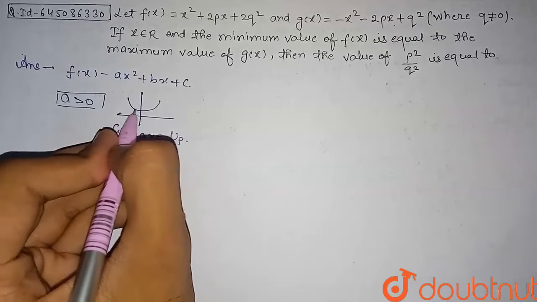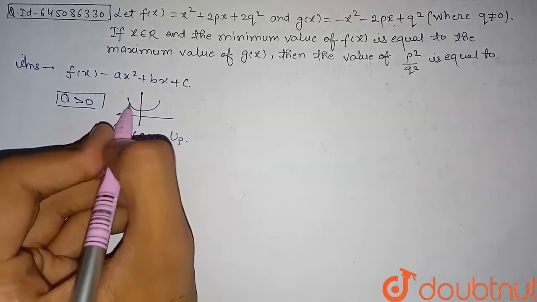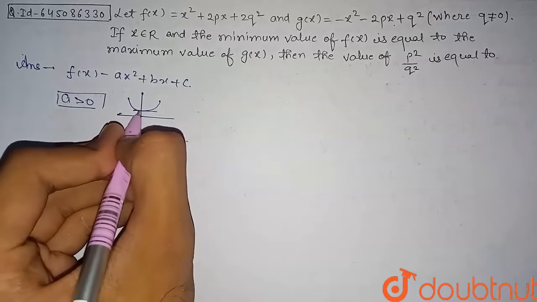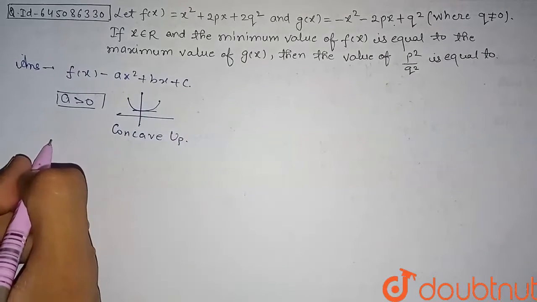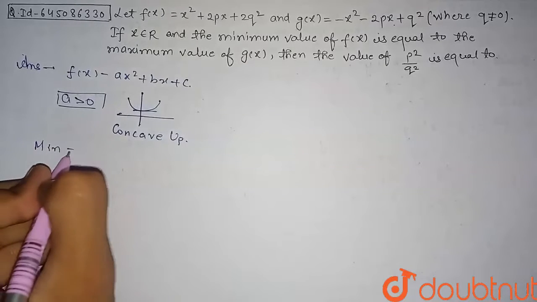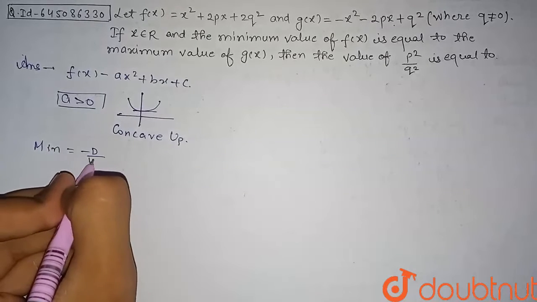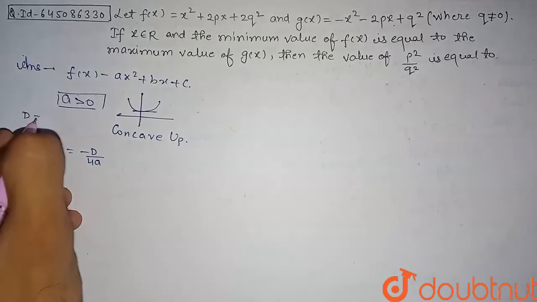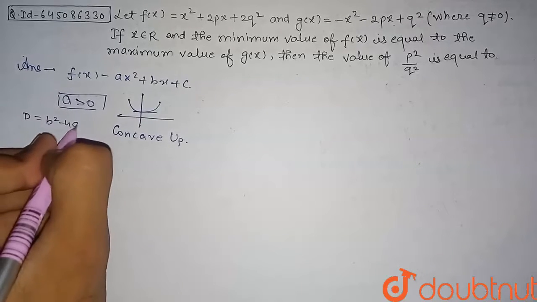So for this type of graph there will be a minimum value and the maximum value will be infinity. The minimum value is equal to minus D upon 4a, where D is the discriminant, which is b square minus 4ac.